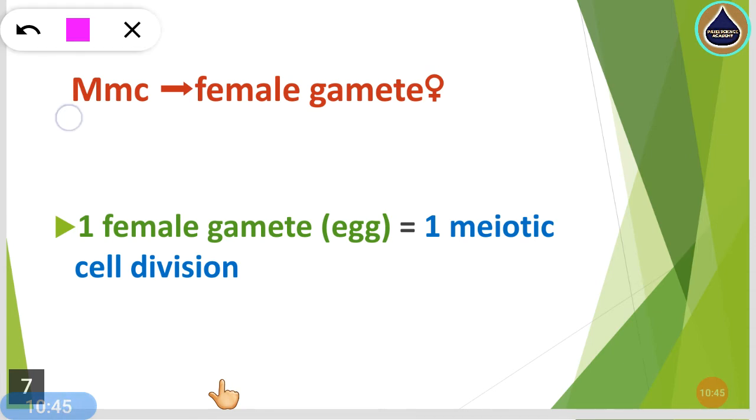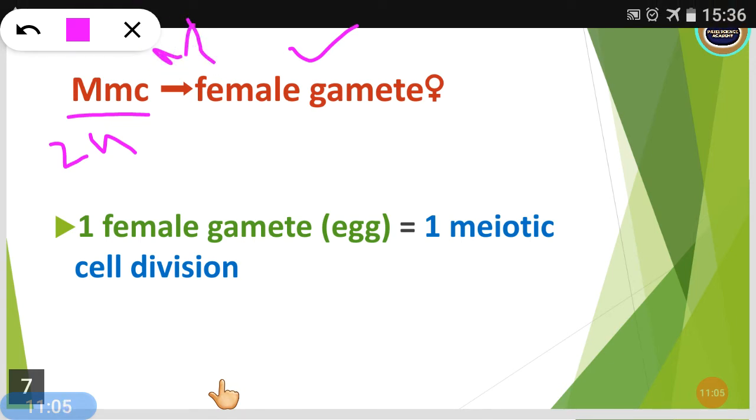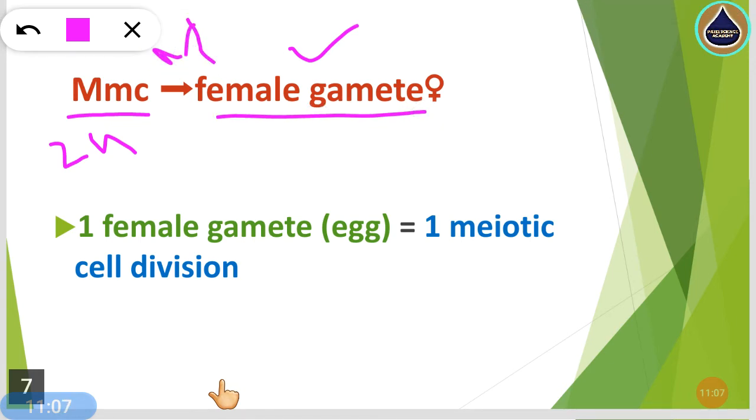Now we'll see the MMC, the megaspore mother cell. It is 2n or diploid in number, and it is needed for the formation of the female gamete. So this MMC, by the process of meiosis type of cell division, converts into a female gamete. The formula is very simple. One female gamete, also called egg, is formed by one meiotic cell division.